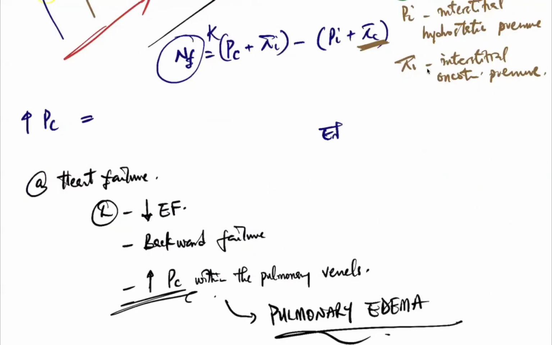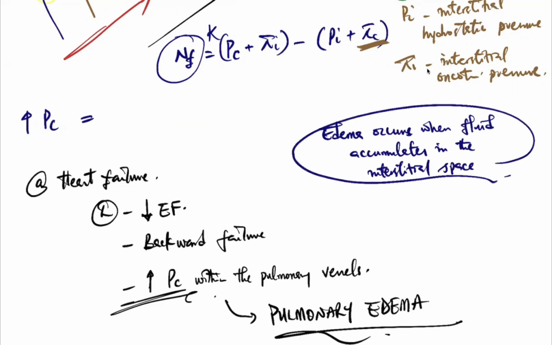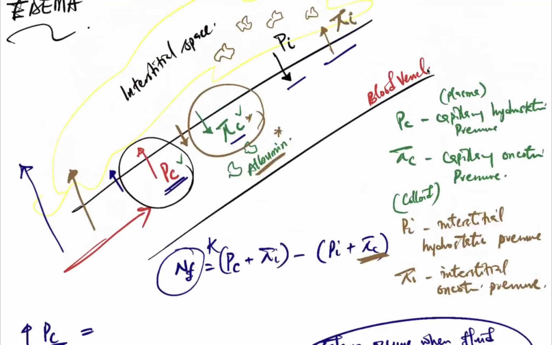Edema occurs when fluid accumulates in this interstitial space, right? One of the mechanisms of that happening is increased capillary hydrostatic pressure. The second is a decrease in oncotic pressure, which is going to be as a result of decreased proteins within the blood vessel, or decreased albumin within the blood vessel.